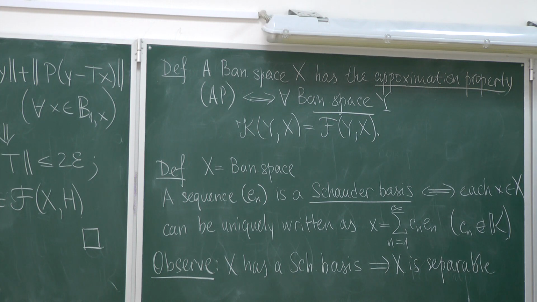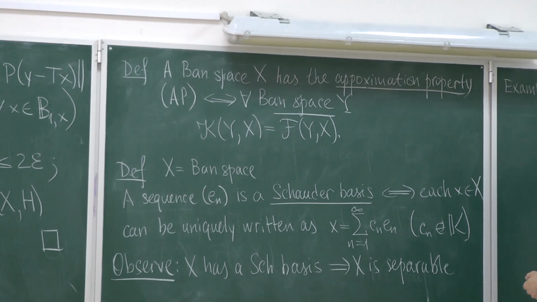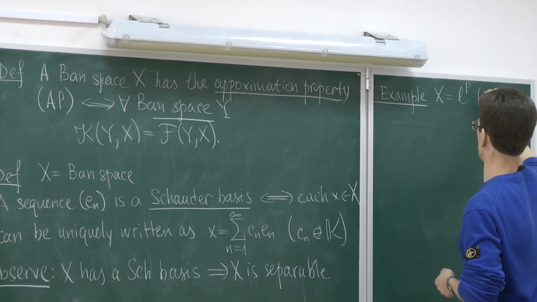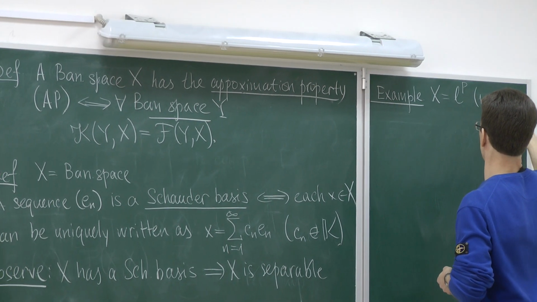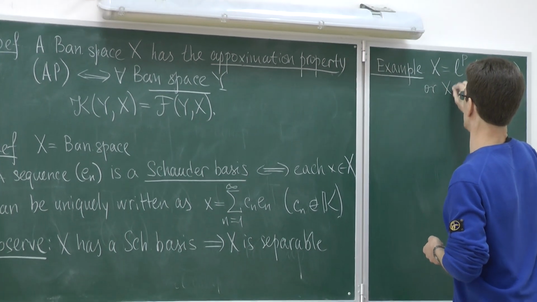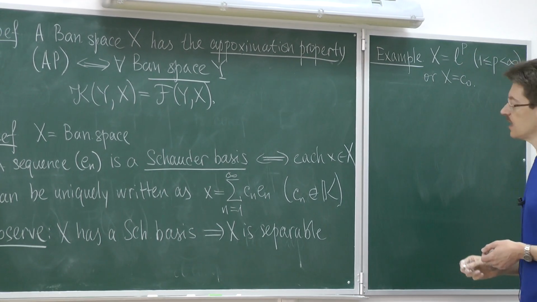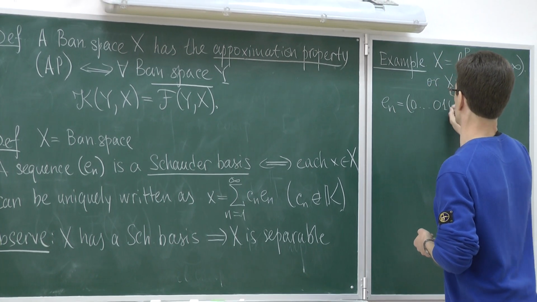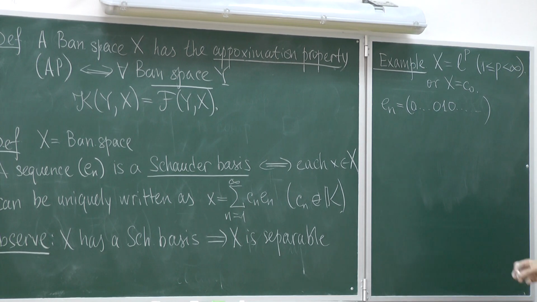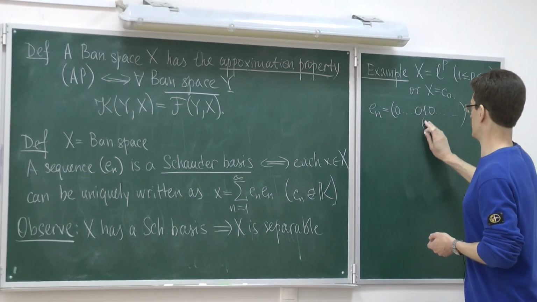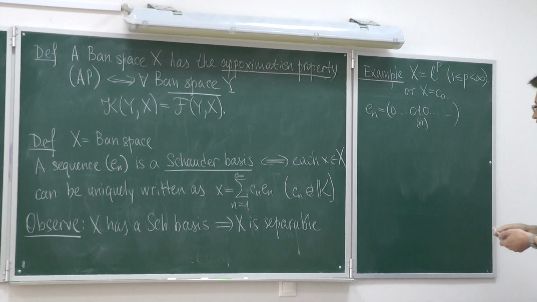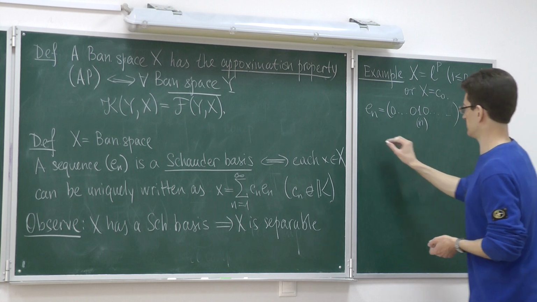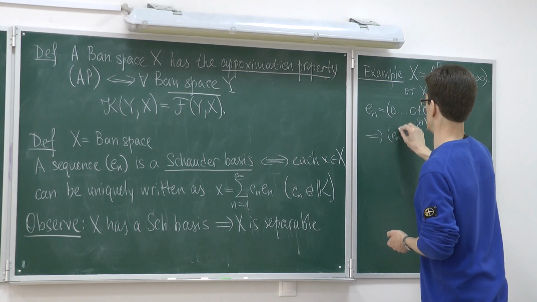Here's the simplest example of a Schauder basis. Suppose X is the little l^p space where p is finite, or the little c_0 space. Let's denote by e_n the following element of X: the identity is at the nth position and 0 is elsewhere. It's almost immediate that e_n is a Schauder basis.